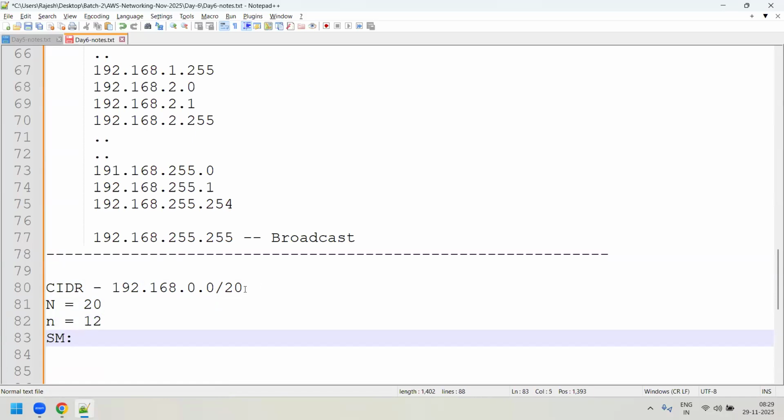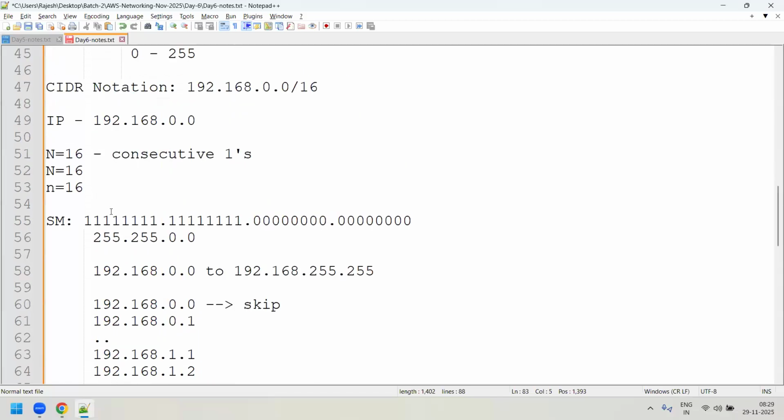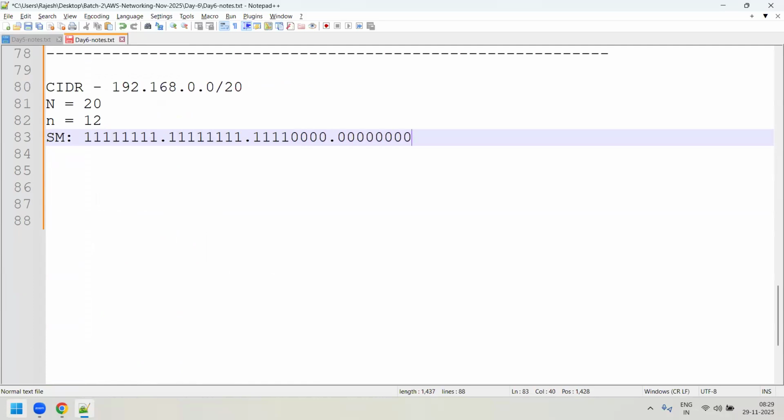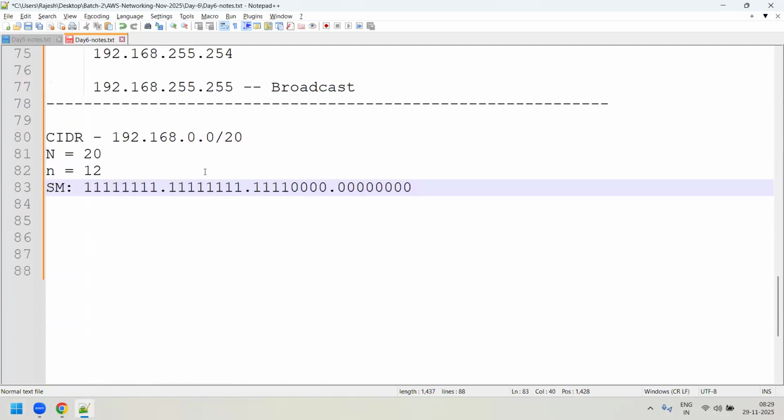Let me copy this. 8 plus 8 is 16, then 17, 18, 19, 20, and the remaining will be zeros, in four-bit groups dot by dot. Here 192.168 is fixed.